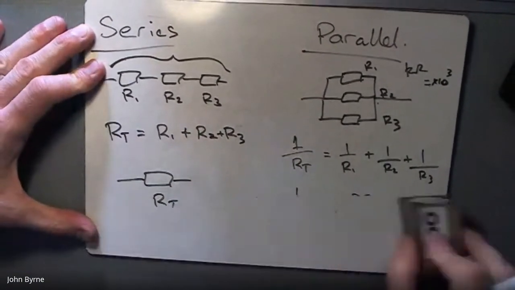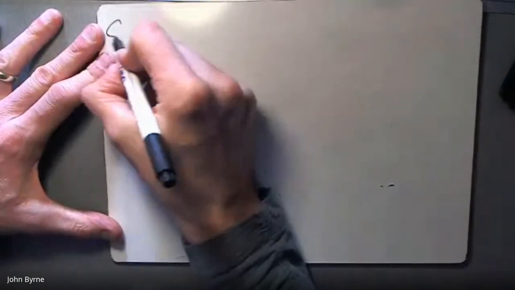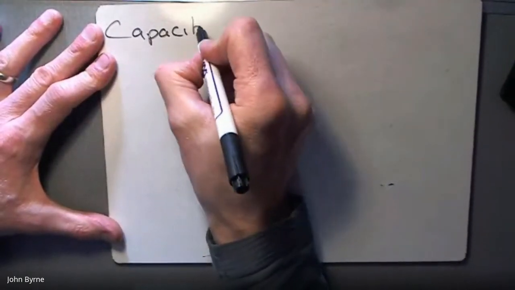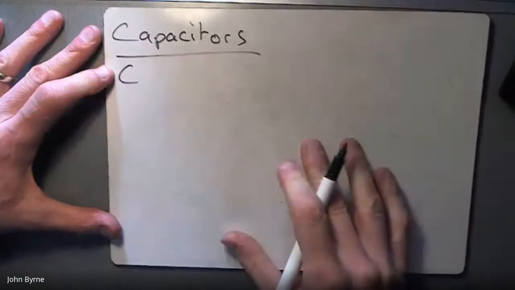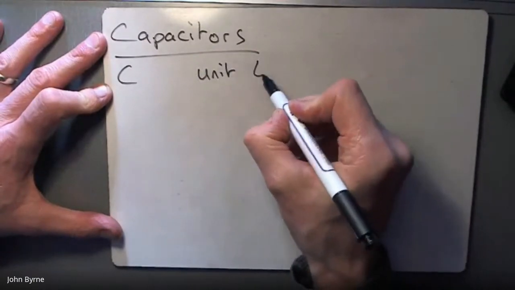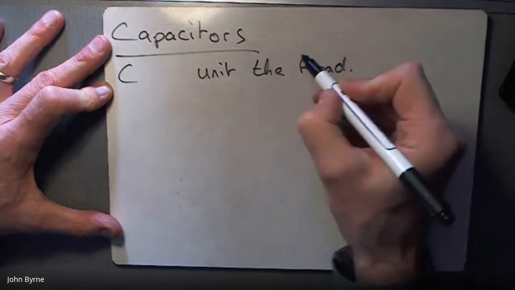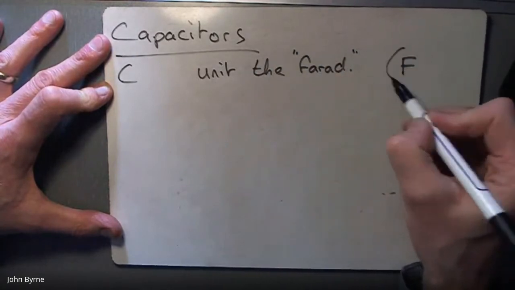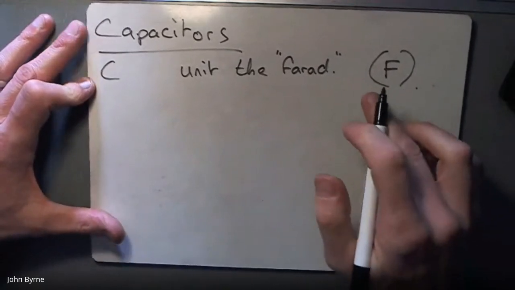Lastly, we're going to have a quick look at capacitors. For capacitors, we give it the symbol C for capacitance, but the unit is the farad, named after Michael Faraday. We give it a capital F. In capacitors, 1 farad would be a very big value, to be honest.